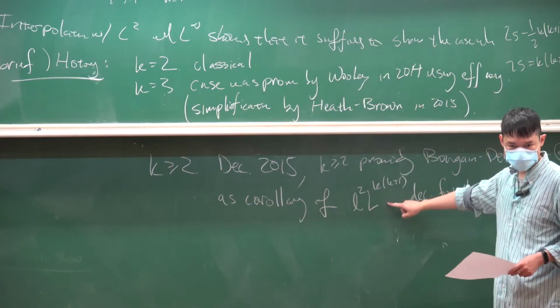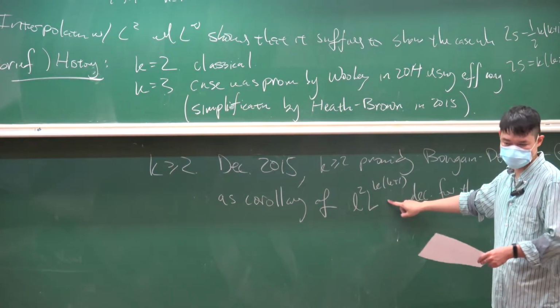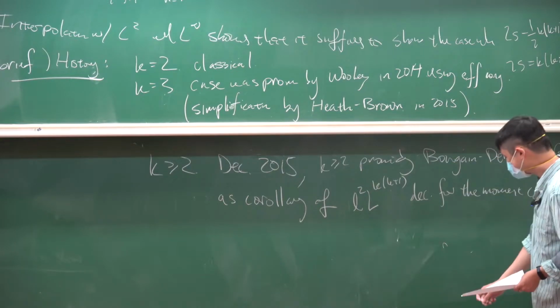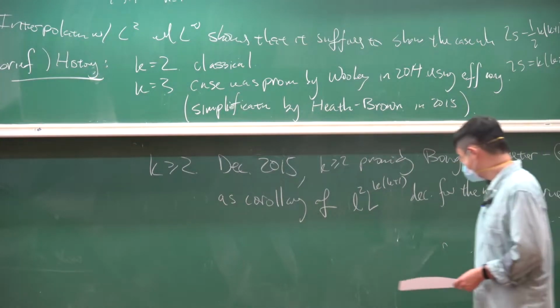And remember, when k is 2, this is 6, right? And this turns out to be the sharp exponent. Okay, great.